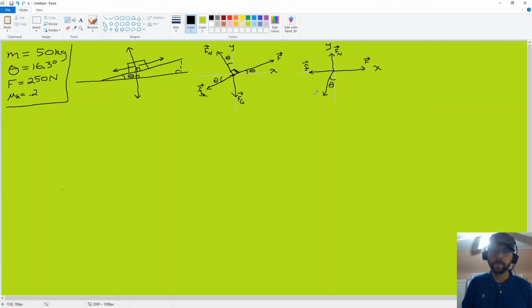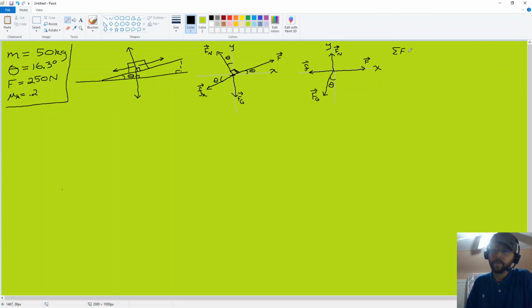So now the problem looks a lot nicer as far as trigonometry is concerned, because there's only one force that is not aligned with the axes. I'm drawing over here. To solve this, we need to use Newton's second law.